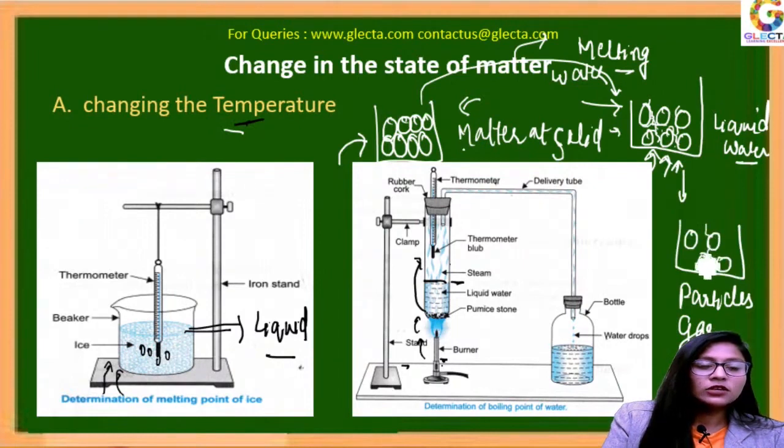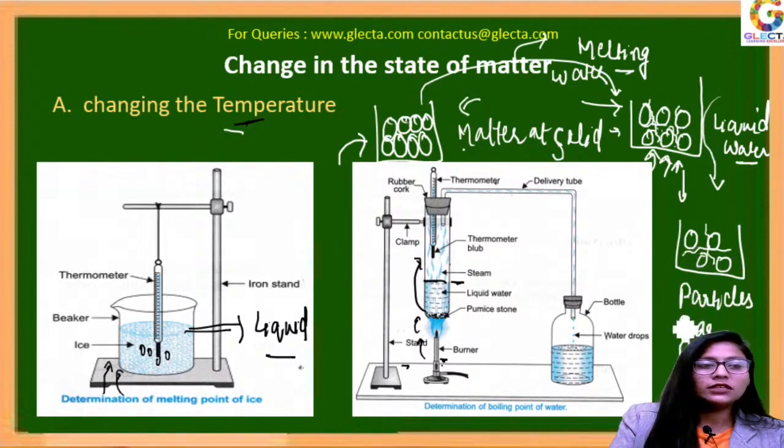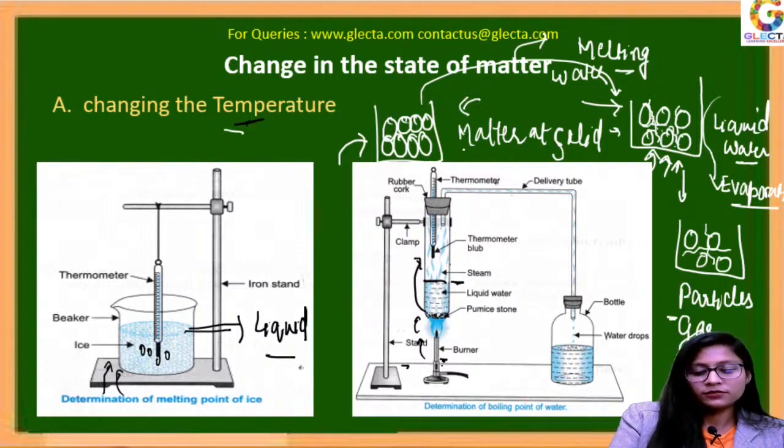When this happens, the liquid further converts itself into gas, and that process we call evaporation. So this is one way in which we can change the state of matter.